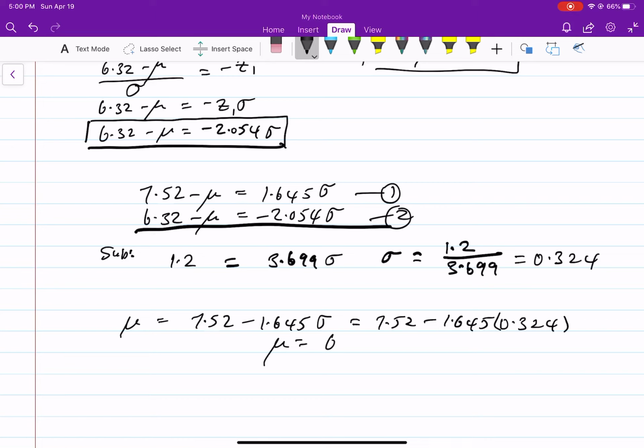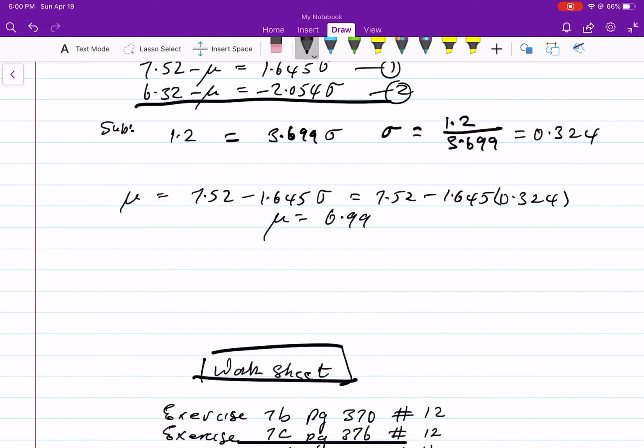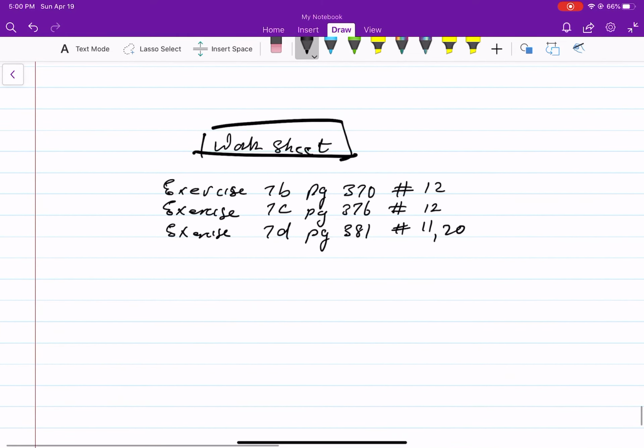So I can now write my distribution: x is normal with mean 6.99 and variance 0.324 squared. Not too bad. That's a summary for most of y'all.